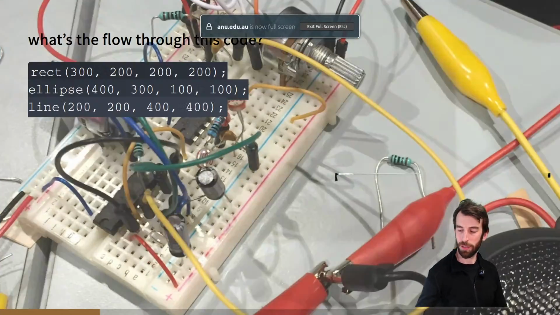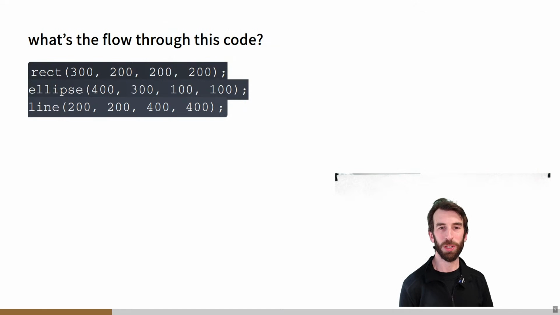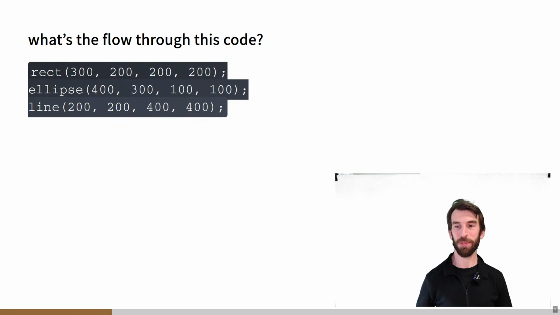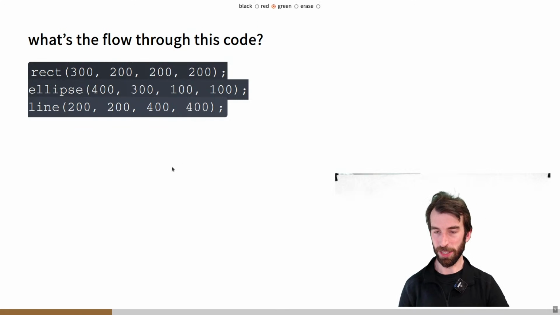So, first things first, what's the flow through this piece of code? And by flow, I mean which commands get computed first and which commands get computed later and which commands get computed last. So each line of code, you can see, has one command.